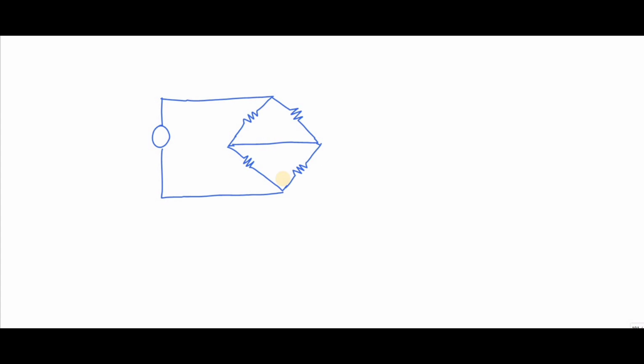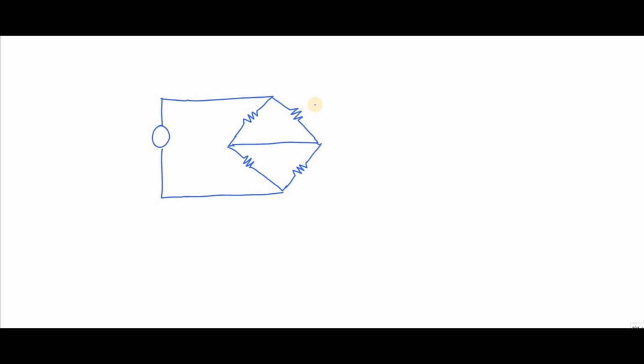So in order to find the current through any resistance, we can use Norton's theorem. But here you can see I want to determine the current that is flowing through the straight line. There is no use in applying Norton's theorem.